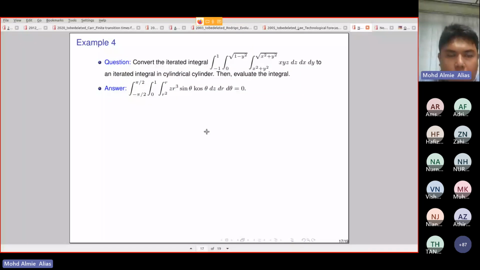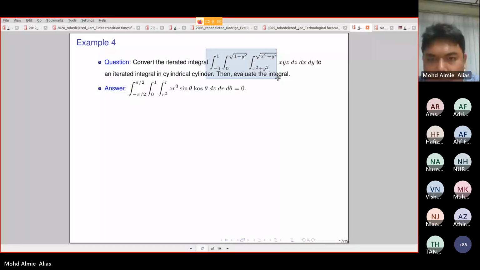Okay, so example 4. Now it's specifically asking to convert the iterated triple integral like this to an iterated integral in cylindrical coordinate. I will correct this after this, and then evaluate the integral. Okay, so how do you do this?